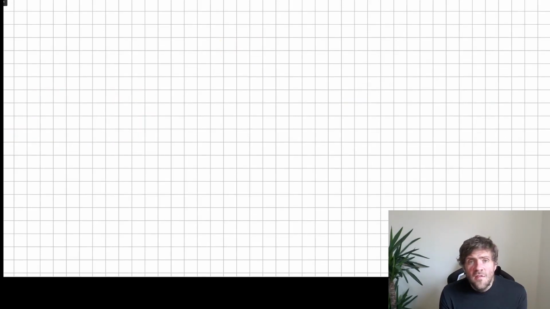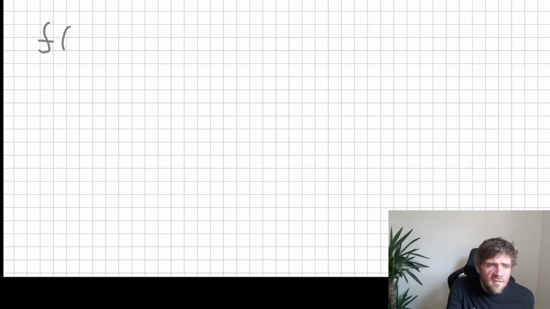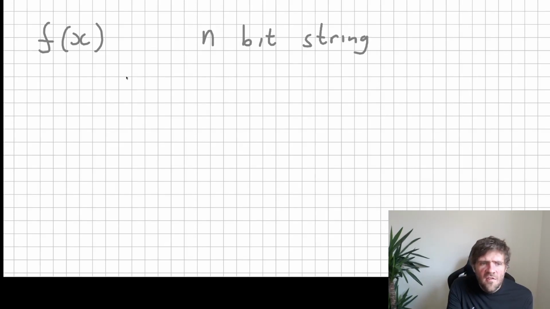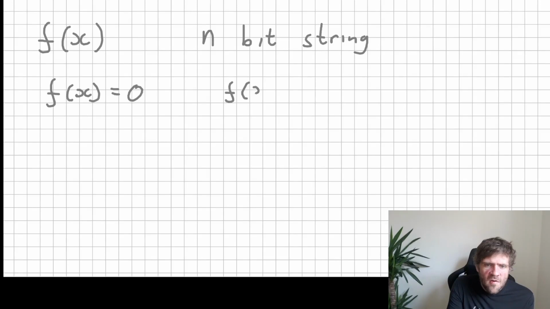Let's begin with the Deutsch-Jozsa algorithm. The Deutsch-Jozsa algorithm is defined for some function f of x, where the x are n bit strings for some n. And this function f of x will give us a 0 or a 1 for each value of x.